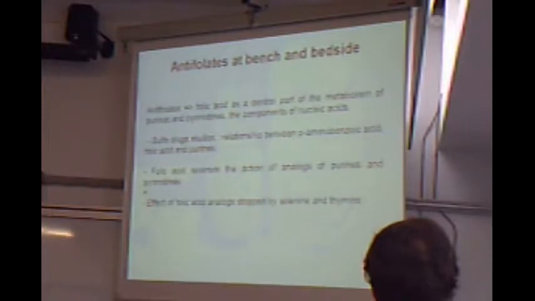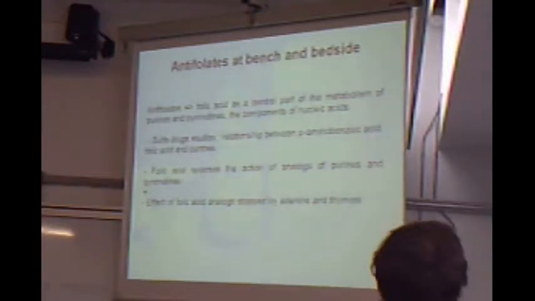Around 1950, a body of evidence was mounting, pointing to the recognition of folic acid as a central node in the metabolism of purines and pyrimidines, which are the components of nucleic acids.